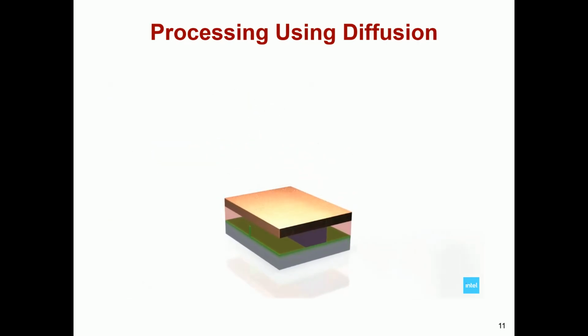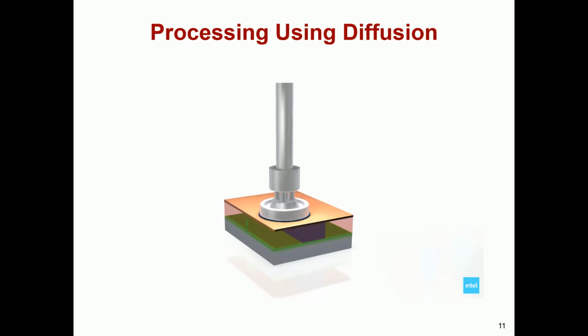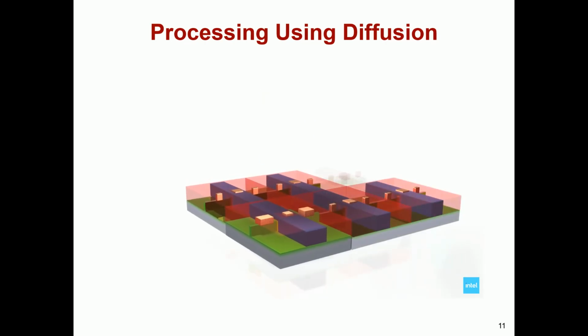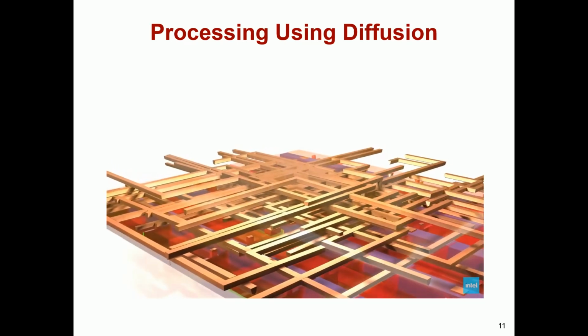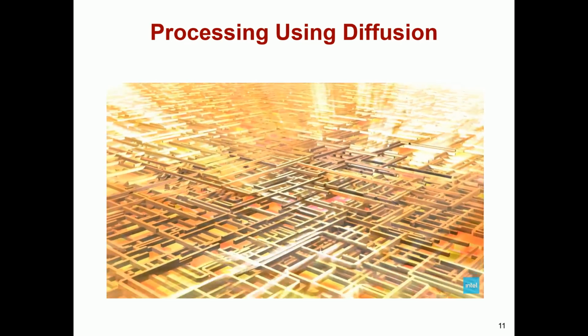When I first prepared this video, Intel was the undisputed leader in semiconductor manufacturing. However, recently Intel has stopped pursuing leading-edge processing, with Taiwan's TSMC now dominating.